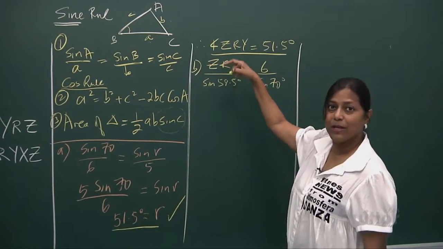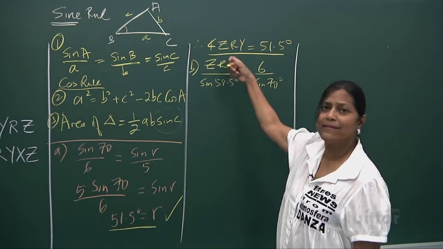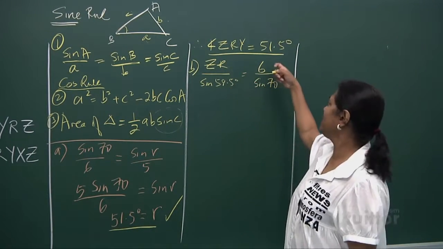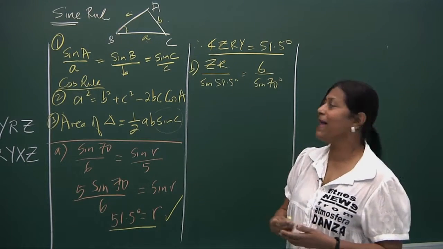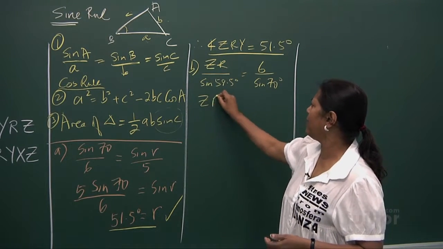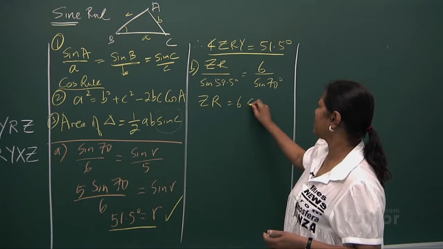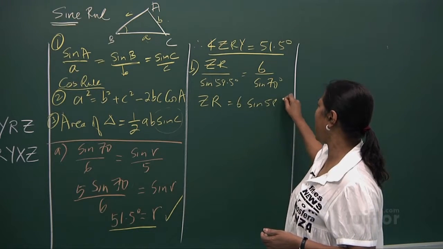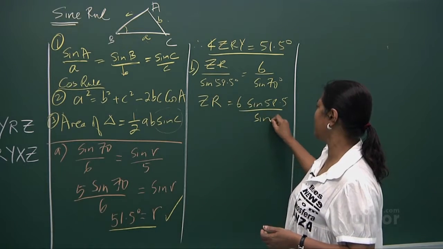Either way it works. I want to find out length, so I put length over angle, and this side should also be length over angle. Now your ZR will be 6 times sine 58.5 over sine 70.